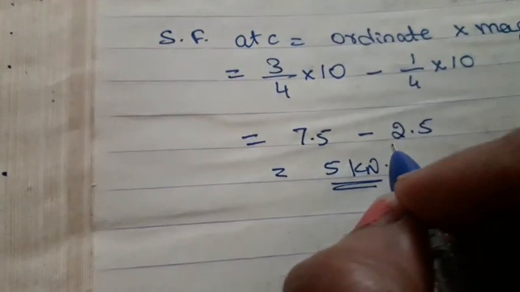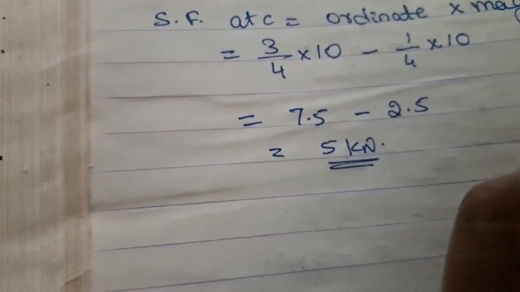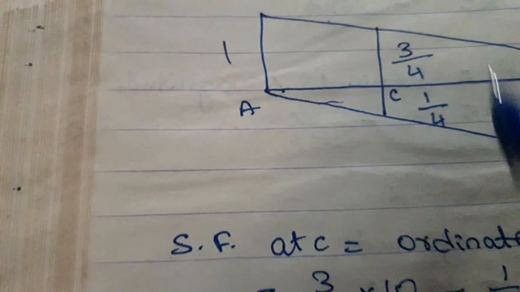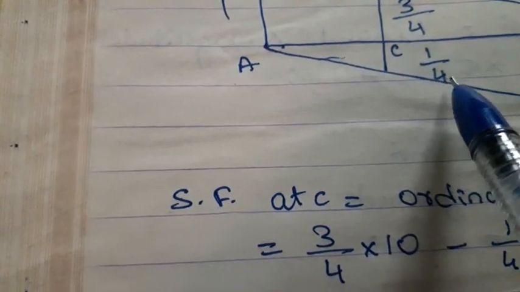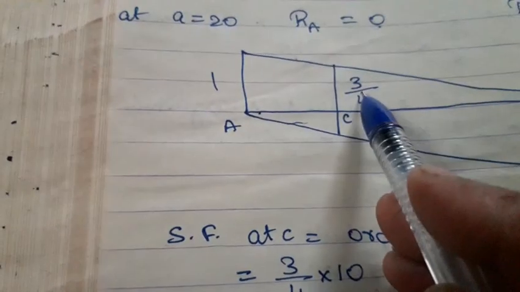Now we have to calculate the positive maximum shear force and negative maximum shear force. The positive maximum shear force occurs where you have the maximum positive ordinate, and negative shear force occurs where you have the maximum negative ordinate. So here 3 by 4 is maximum and 1 by 4 is maximum.